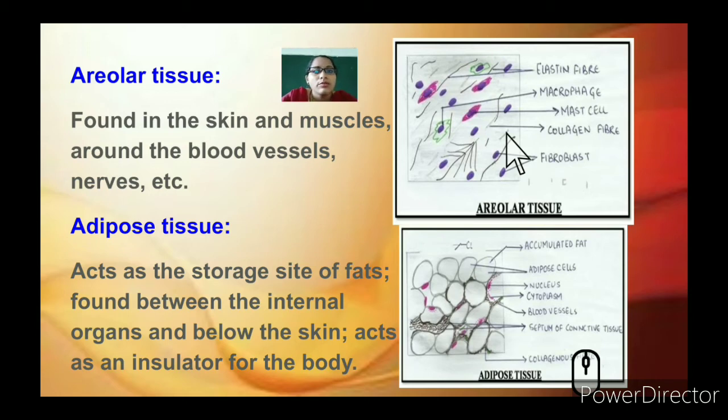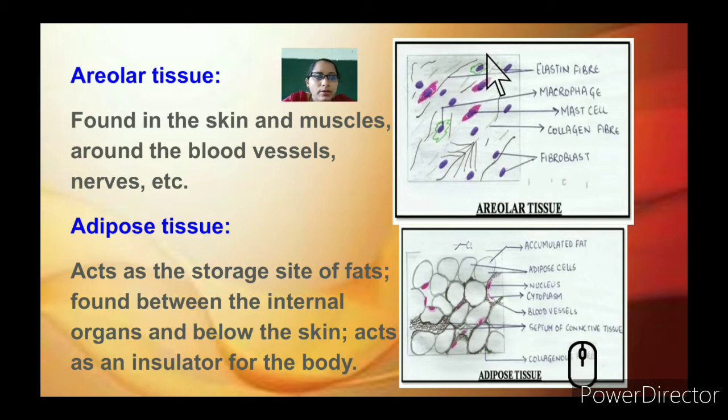Next, coming to the adipose tissue, this is the second type of connective tissue. It is present at the site of fat storage, and is found between the internal organs and below the skin. Below our skin and between the internal organs, this adipose tissue is present where the fat gets deposited, and it also acts as an insulator to the body.